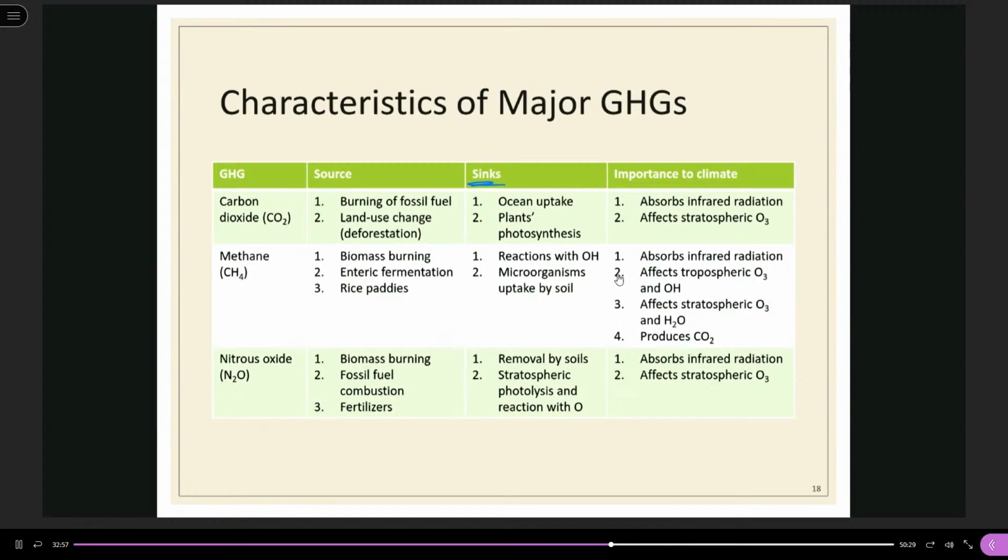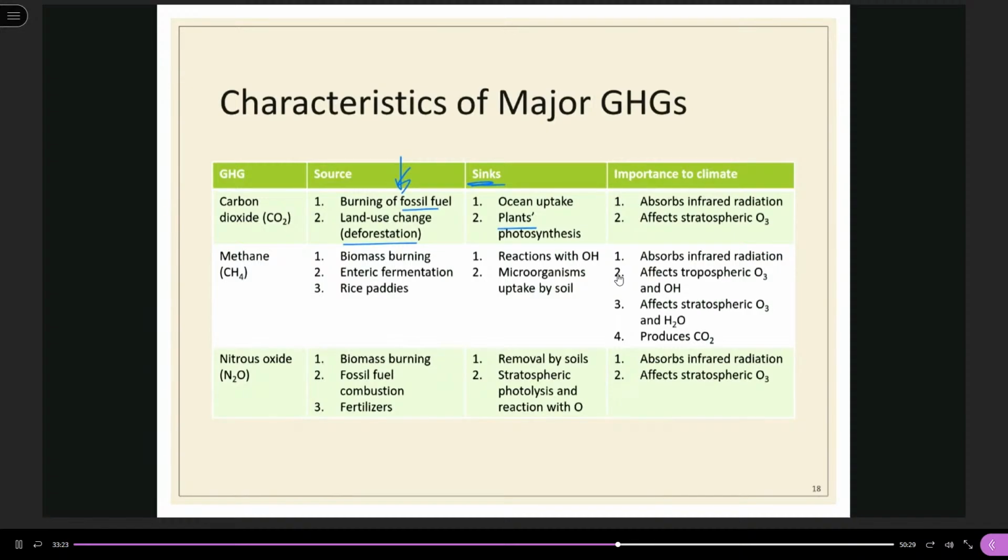Carbon dioxide is produced by burning fossil fuels and by cutting down trees. So the carbon dioxide is getting more and more, and we have the ocean to take up the carbon dioxide, and the plants to take up the carbon dioxide.